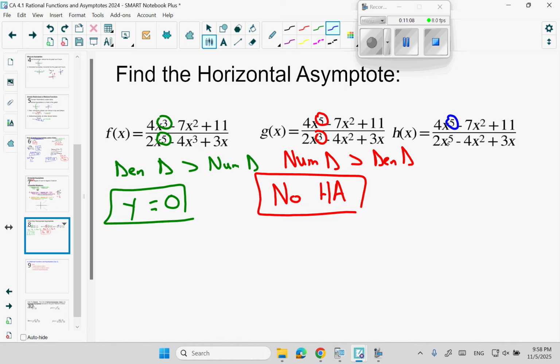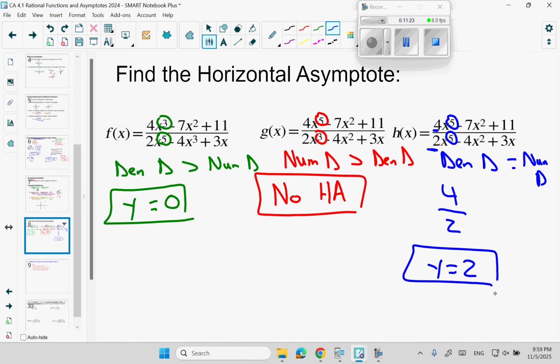And here they are the same. So my denominator degree is equal to my numerator degree. So I have to do 4 divided by 2, y equals 2 for my horizontal asymptote.